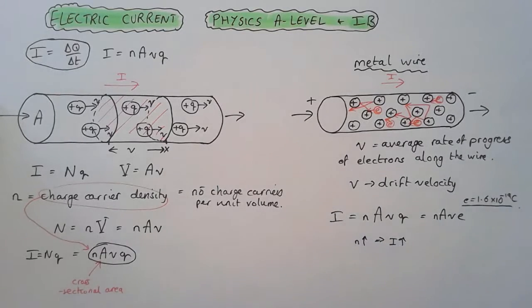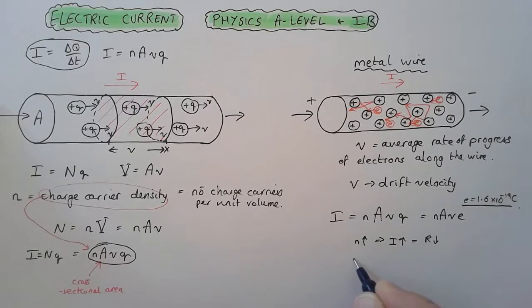So that would reflect a decrease in resistance. And wires and materials with higher charge carrier densities, higher numbers of free electrons, would have a smaller resistivity due to that.